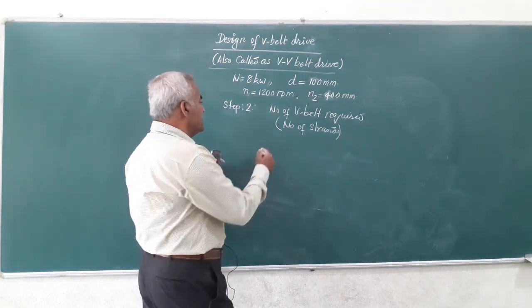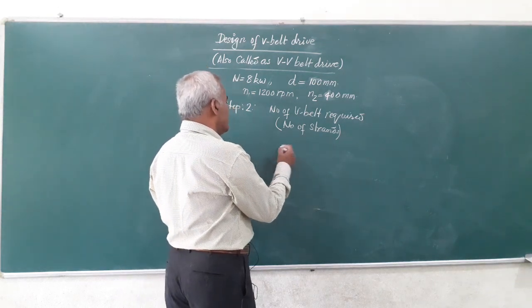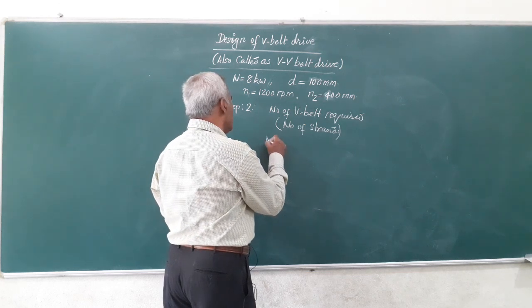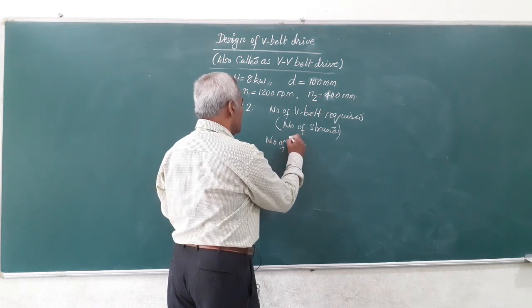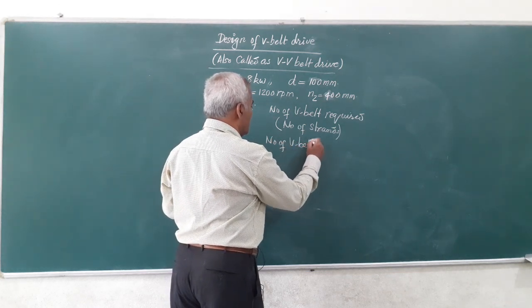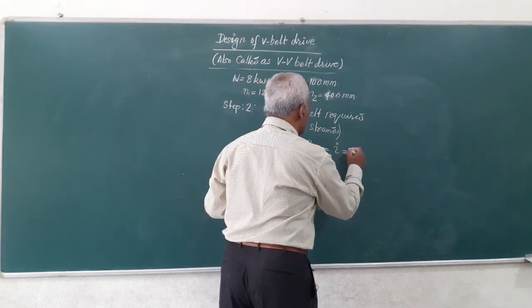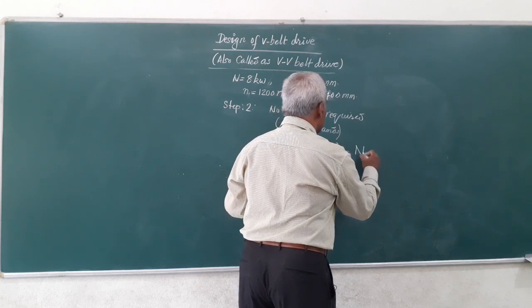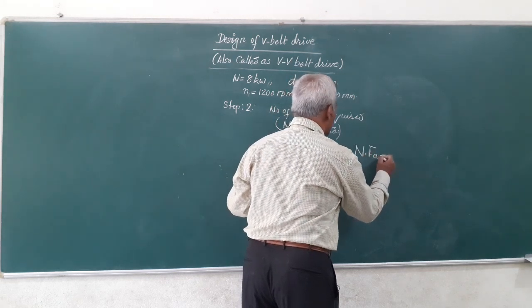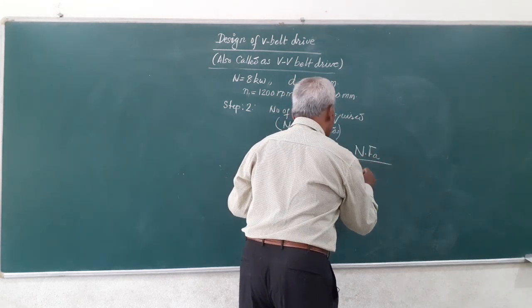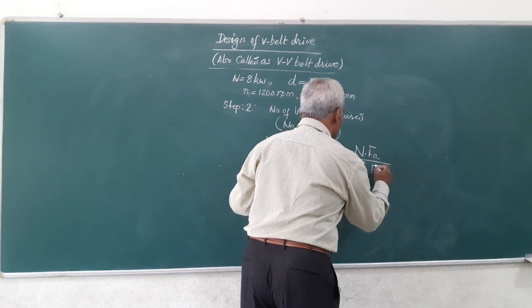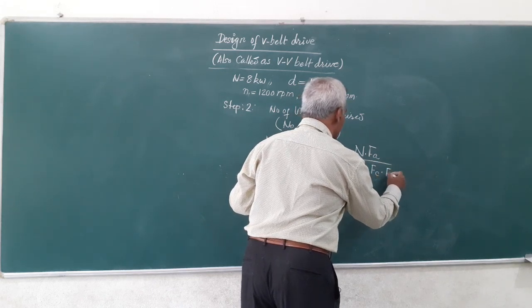Friends, again in the machine design data handbook, there is an expression, say number of V belts required is given by I, which is equal to N times FA divided by N star FC into FD.